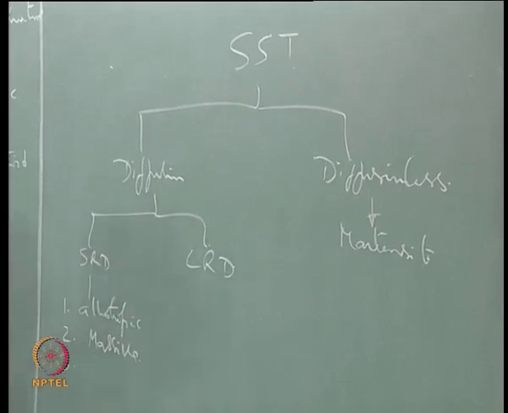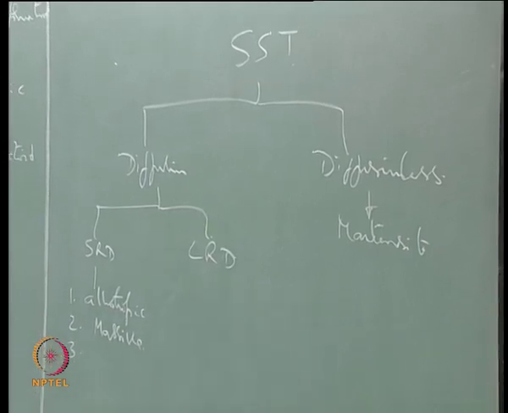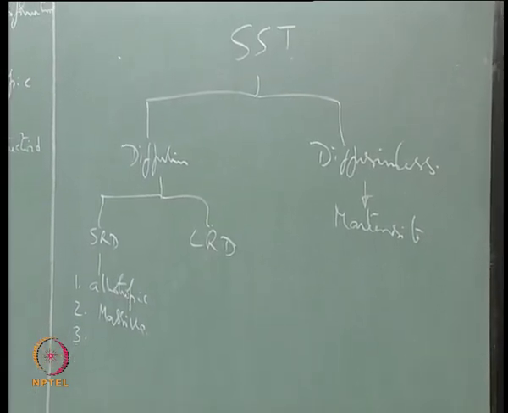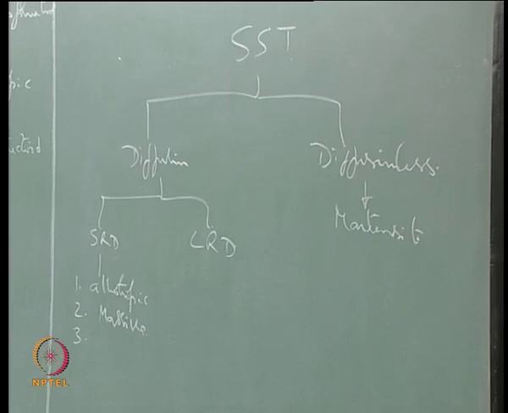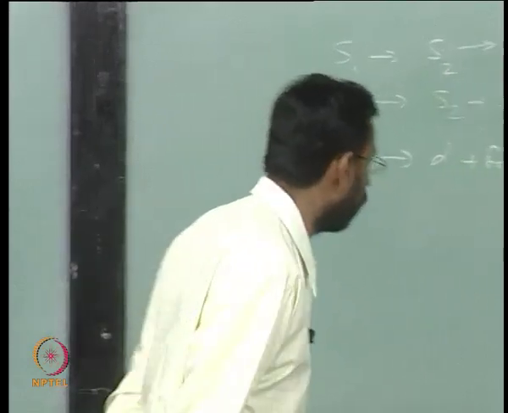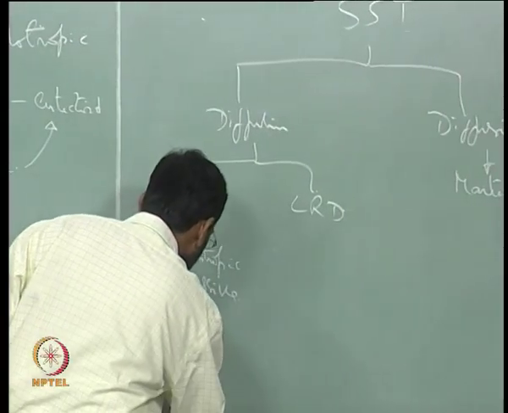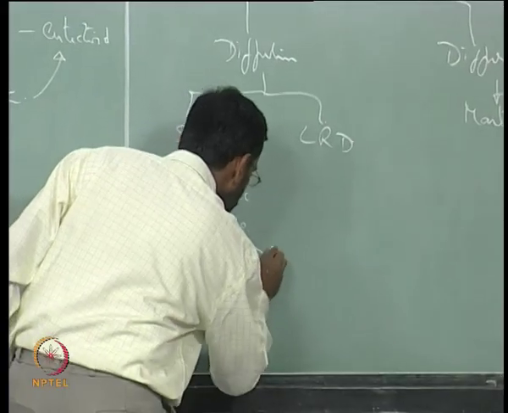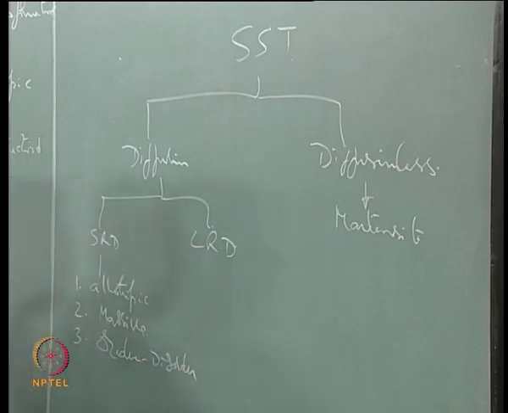Any other transformations that you are aware of which are short range diffusion? Where the diffusion distances are not more than a few interatomic distances, maybe 1 unit cell, maybe a few unit cells. Order disorder, very good, order disorder. These are certain transformations which are basically short range diffusion transformations.